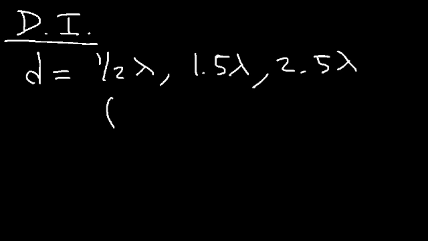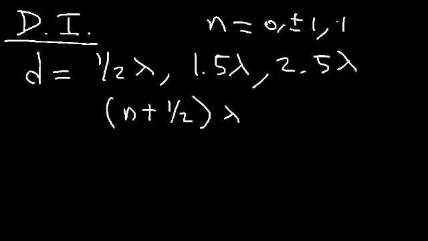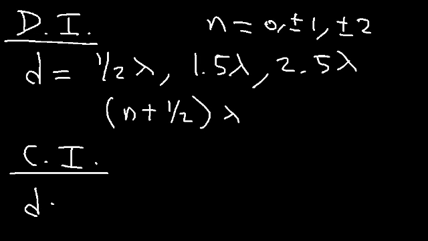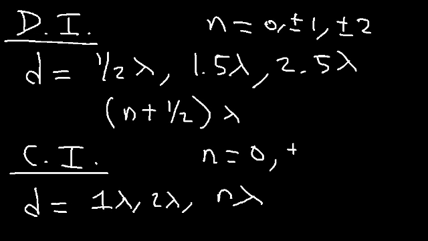So if you want a general equation, it's n plus 1/2 times a wavelength, where n is an integer such as 0, plus or minus 1, plus or minus 2, and so forth. Now for constructive interference to occur, the distance between two waves must either be equal or differ by a wavelength. It could differ by 1 wavelength, by 2 wavelengths, or by n wavelengths, where n is 0, plus or minus 1, plus or minus 2, and so forth.